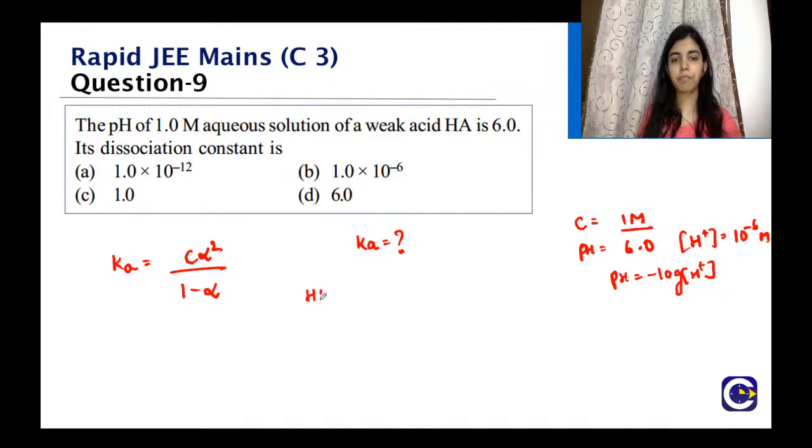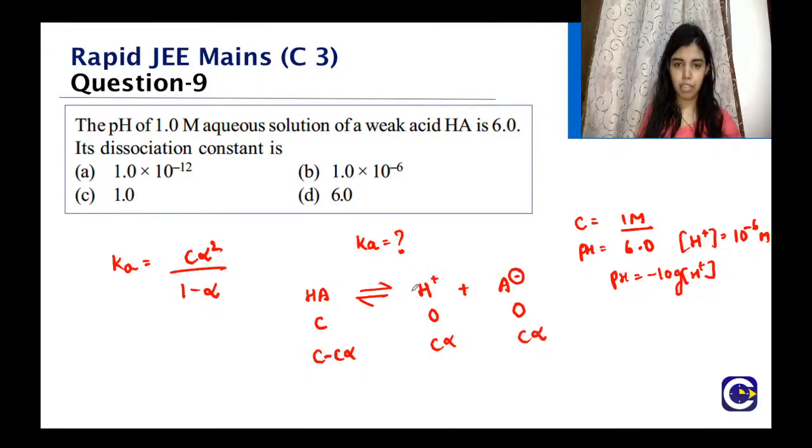Let's see. HA, because it is a weak acid, is partially dissociating into H plus and A negative. At time equals 0, we have C, 0, 0. After some time, C minus C alpha, C alpha, C alpha.